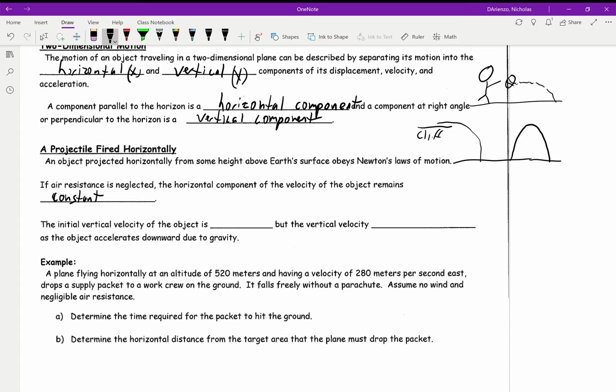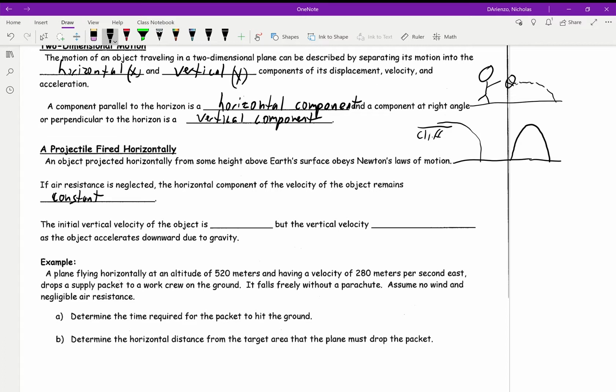In reality, if an object's moving left to right through air, it is going to slow down and lose speed. But we think of all this motion in a perfect world, and we'll see that as we get into friction later. There's a lot of things that we ignore, and this is going to be one of them. So we'll neglect air resistance and assume that the velocity of an object along the horizon remains constant.